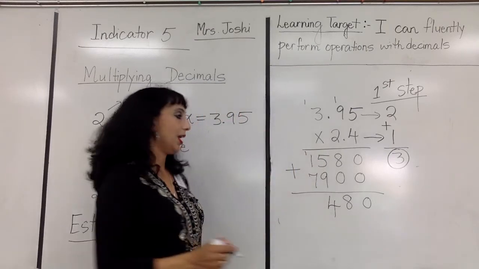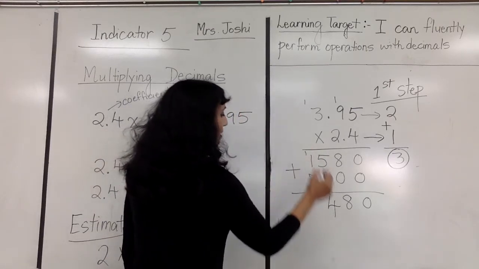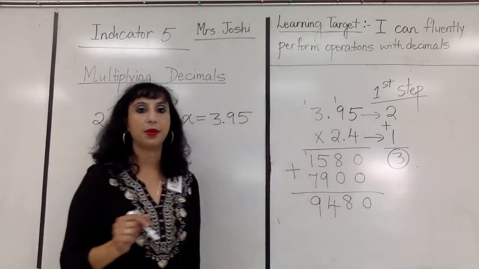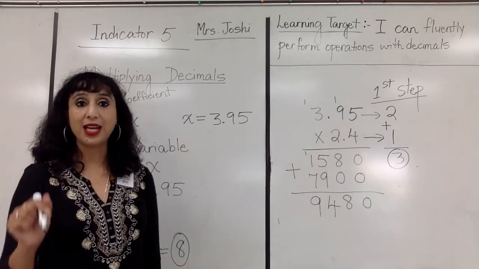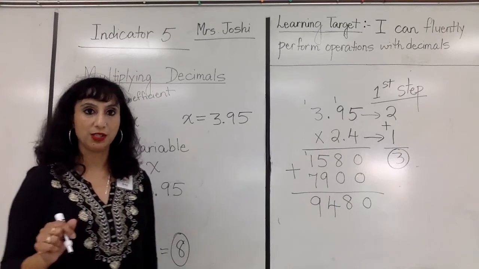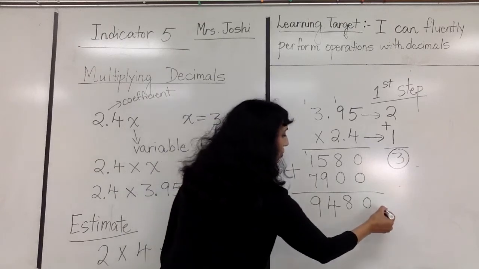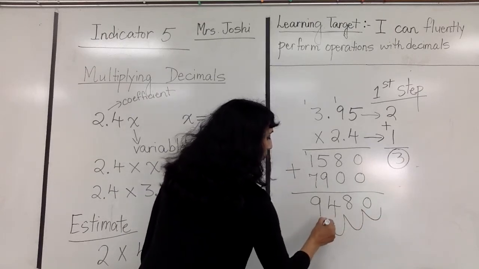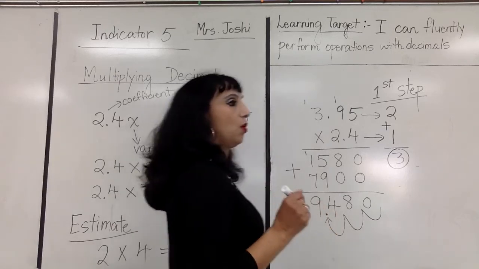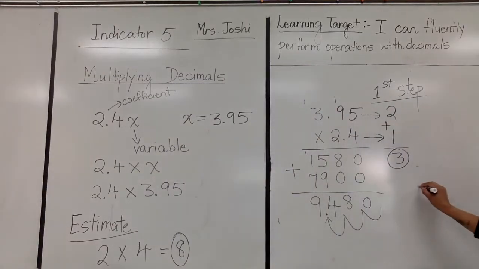I carry over 1, and I get 7 plus 1 is 8, plus 1. This is not the number yet. Do not forget at this point to add the decimals. Okay, so this is where we look here. 3 digits, start on the extreme right and go 1, 2, 3. And so my product is 9 and 480 thousandths. I can also write it as 9 and 480/1000. It means the same thing.